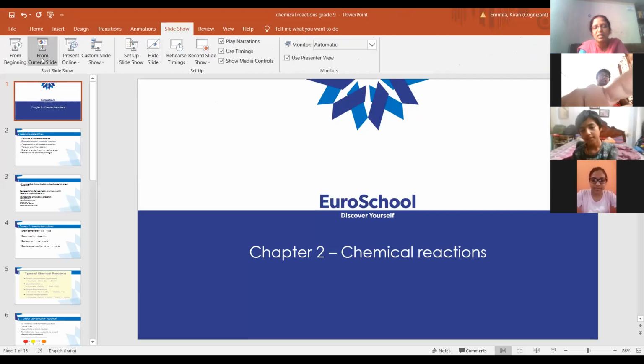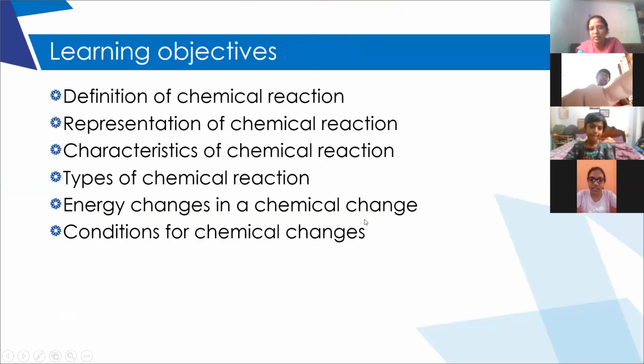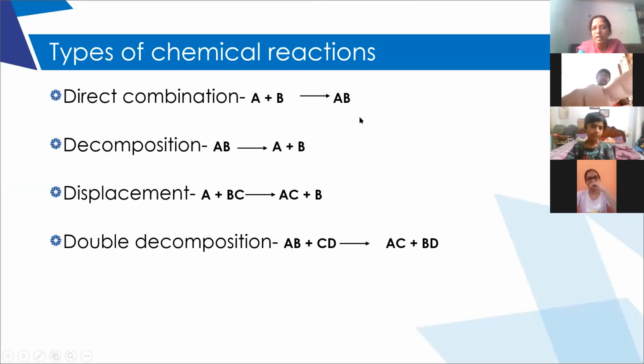Yes, the first type is direct combination reaction, right? So what is a direct combination reaction? 2 reactants combine to form a single product. And the second one is decomposition reaction, where a single reactant splits or decomposes or dissociates into 2 products.